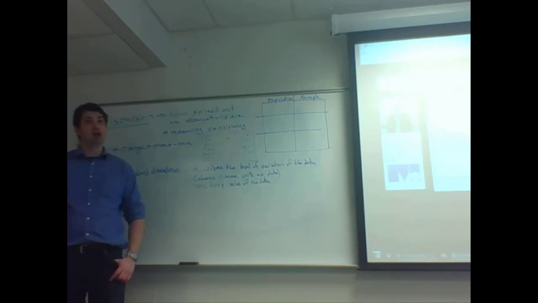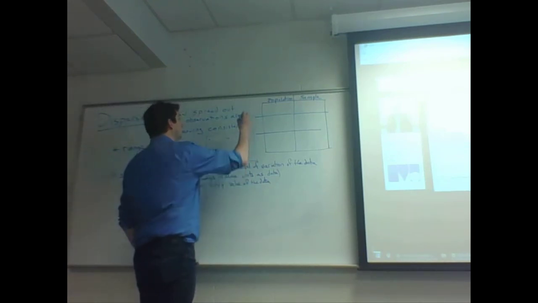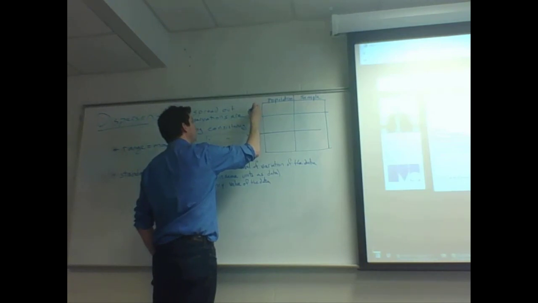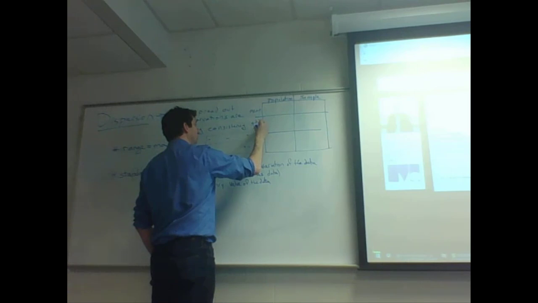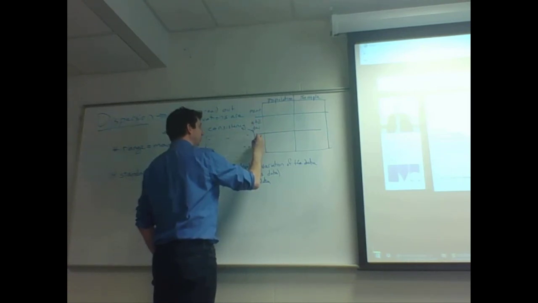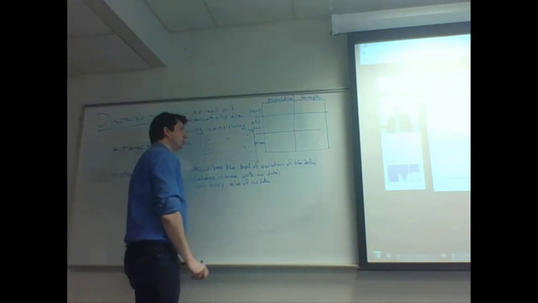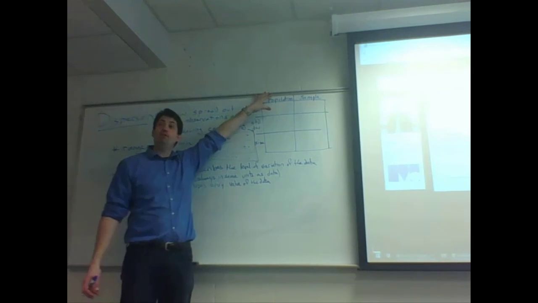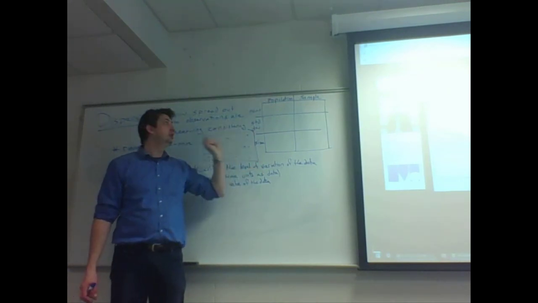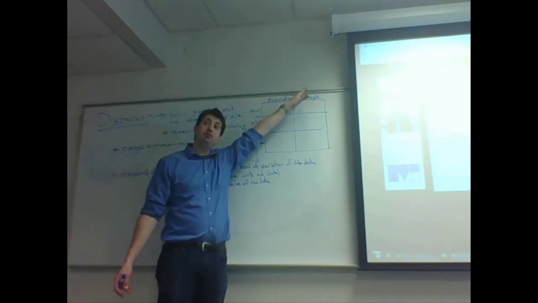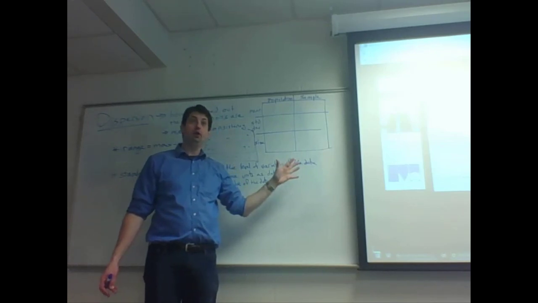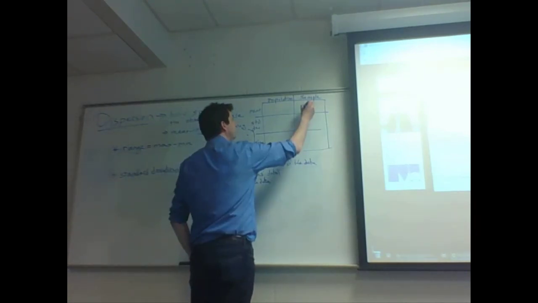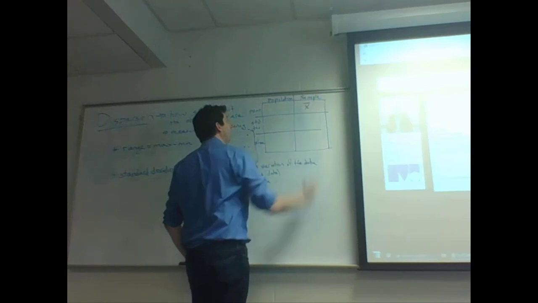Sample standard deviation is not population standard deviation. So we have mean, we have standard deviation, and we have size. Generally speaking, population involves Greek letters. Sample involves Latin letters. So sample mean is X bar.